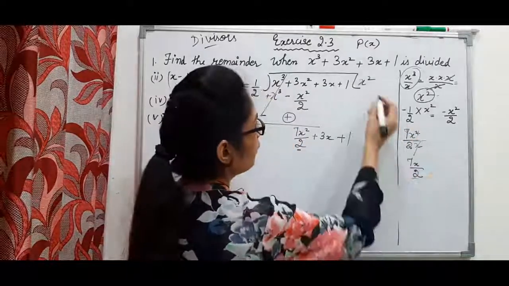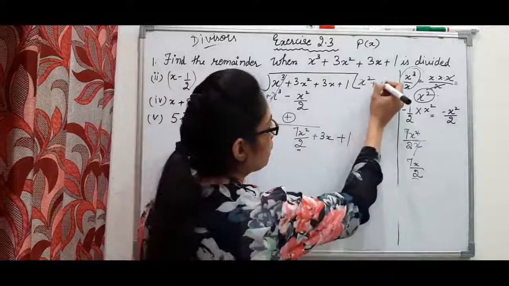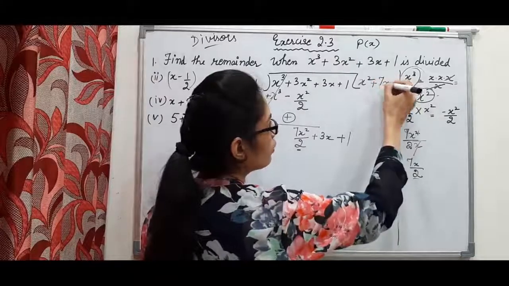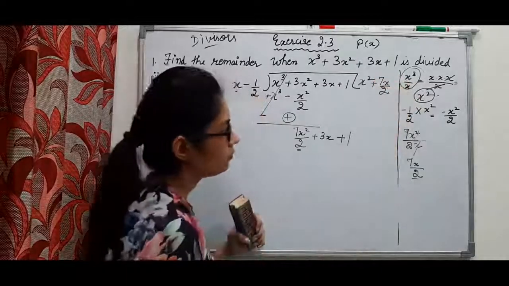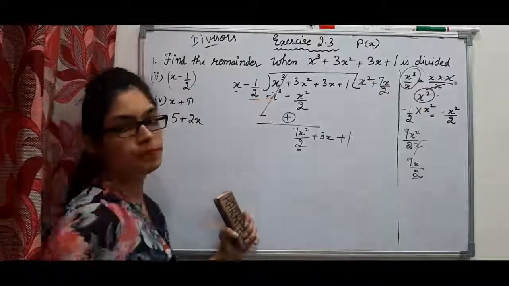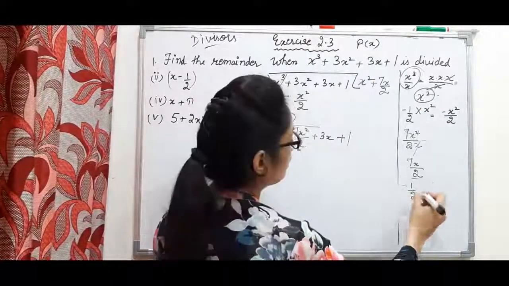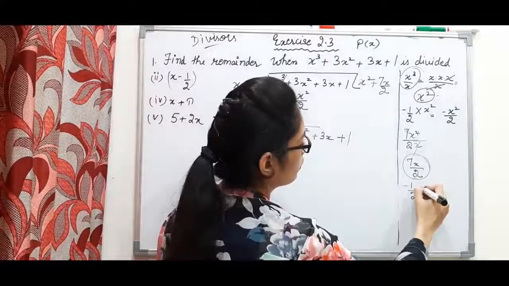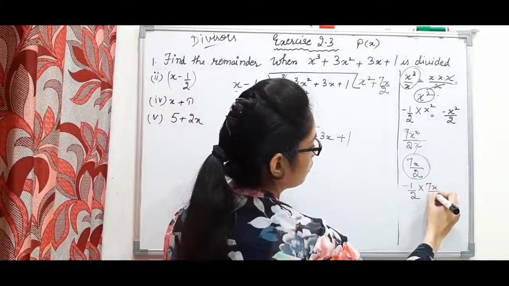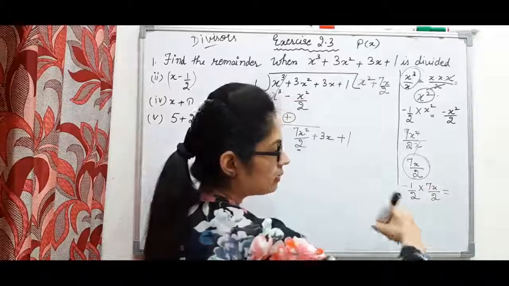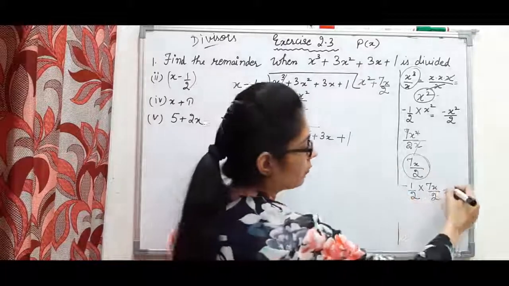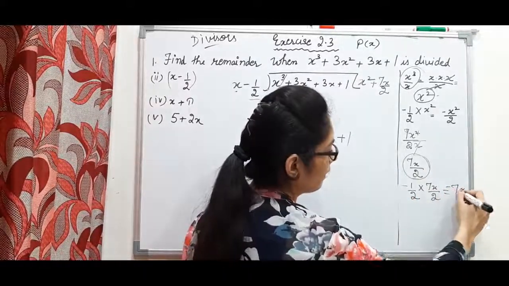So this term we have to write here, plus 7x by 2. Now the second term, which is minus 1 by 2, this you have to multiply by this.